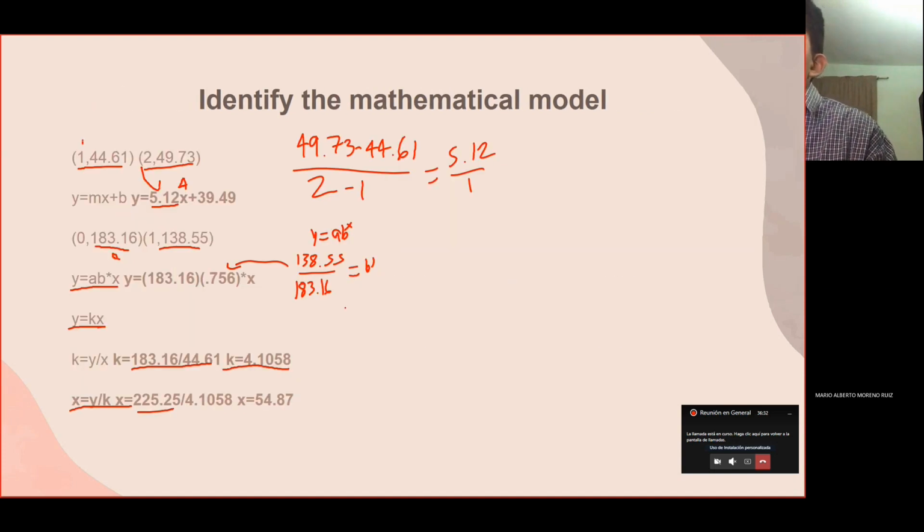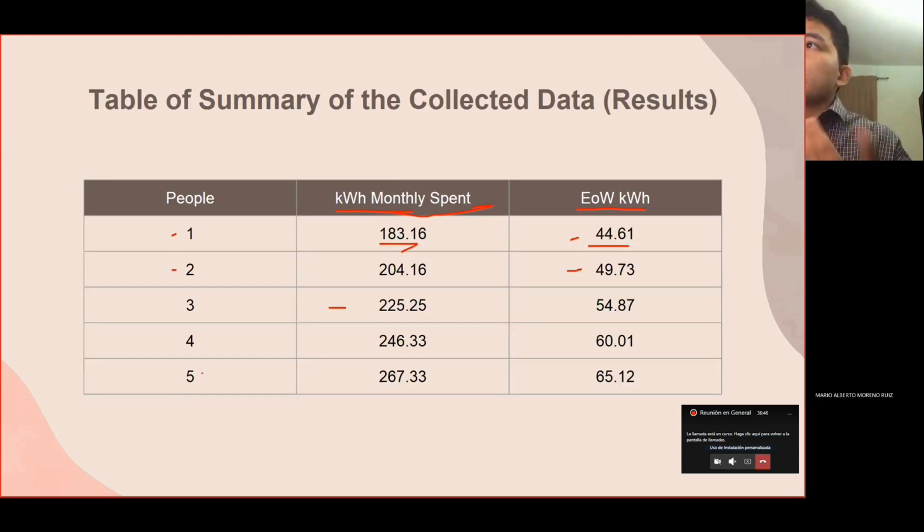We are going to know the monthly spend that a person or 2 people or whatever do, because as we know, this is just an average. Of course, 3 people can have less monthly spend or more monthly spend.